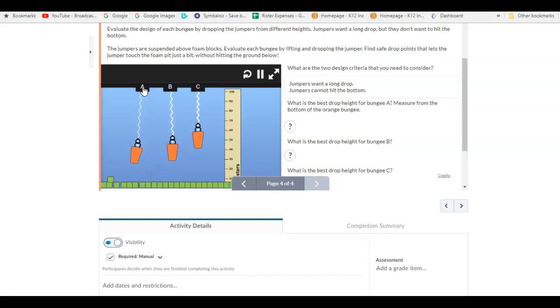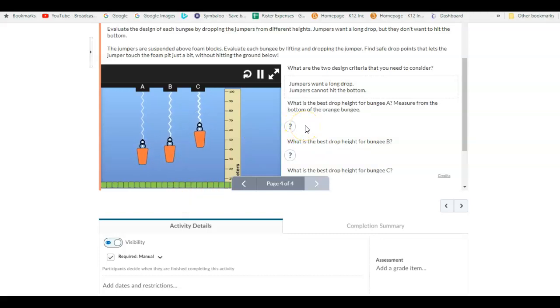They have a long drop, and they did touch the bottom. In B, if we pull it up to the same drop point, and remember, you've got to keep the drop point the same, which is kind of hard to do here, that one really hit the bottom hard. And then C, if we pull this one up and drop it, that one did pretty good. You had a long drop, it sprang back up. We didn't really touch the bottom at all.